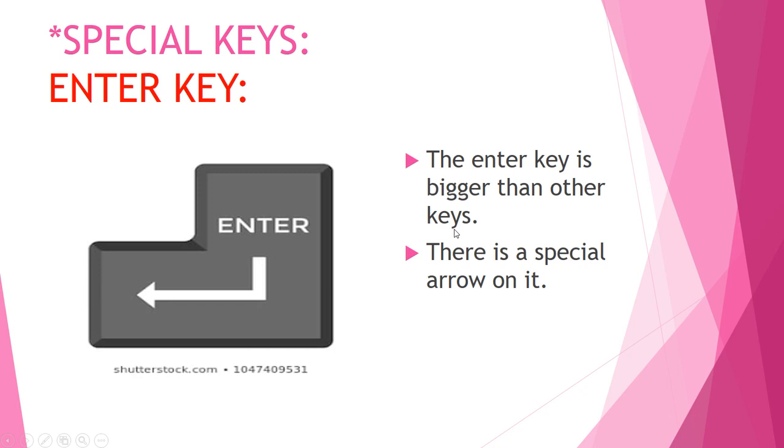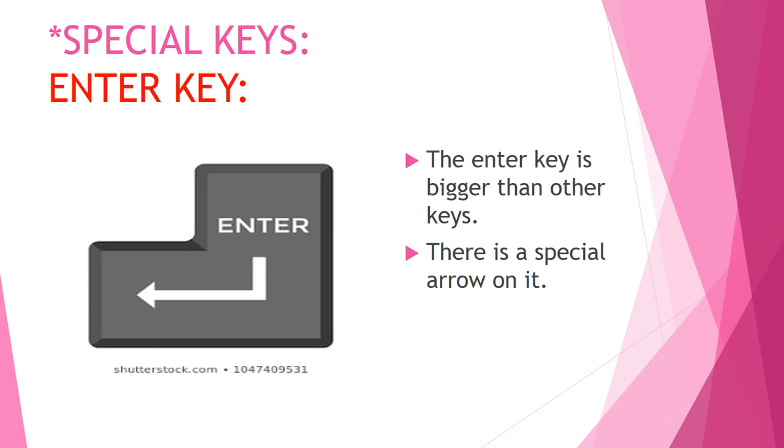We use the enter key to tell the computer that we have finished typing an instruction. We also use it to go to the next line as we type. For example, you write 1, go to the next line and write 2. Then you press the enter key, go to a new line and write the next number.